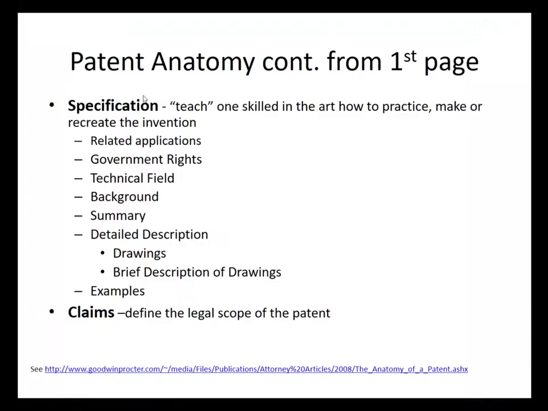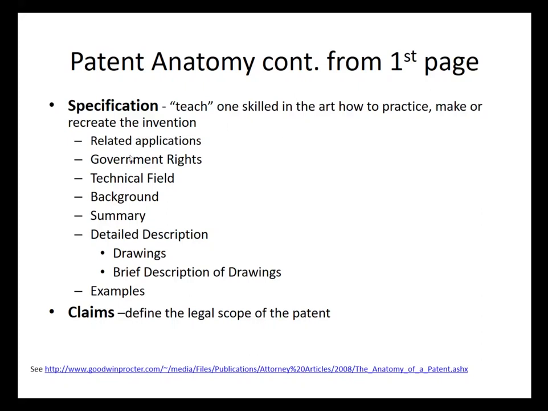In a patent, you need to specify or teach someone who's skilled in the art, so it's not just like teach your grandma, but someone that knows this area, how to practice, make, or recreate the invention. So you actually have to tell people how to do what it might have taken you a long time to do.